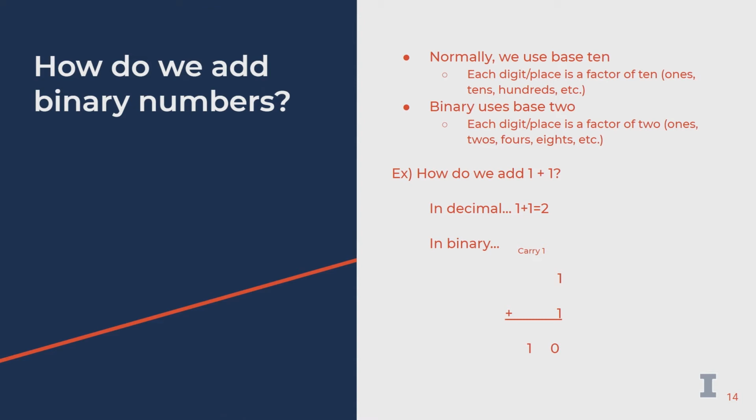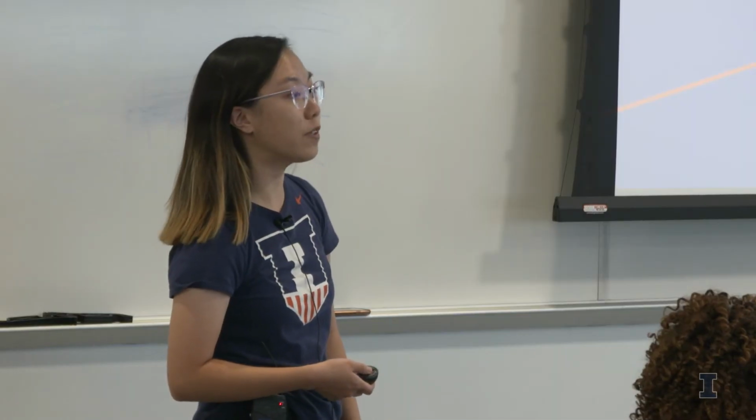We carry that 1 over to the next place, which is the 2's place. So this is our answer, which is equal to 2. The 1's place is 0, so there are no 1's, and we have 1 in the 2's place, so 2 plus 0 is 2. Does that make sense to everyone?